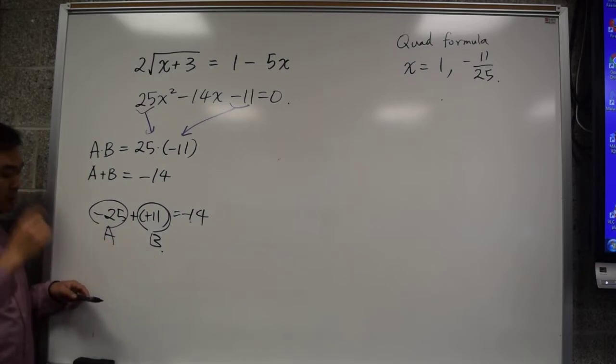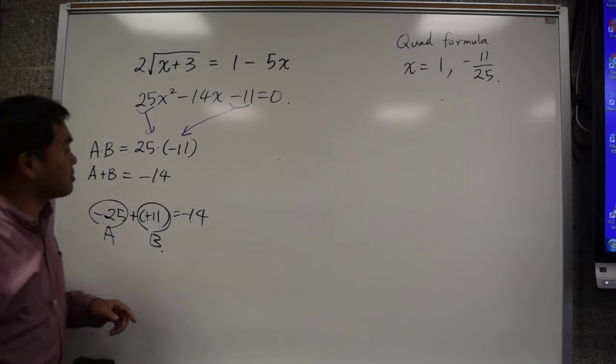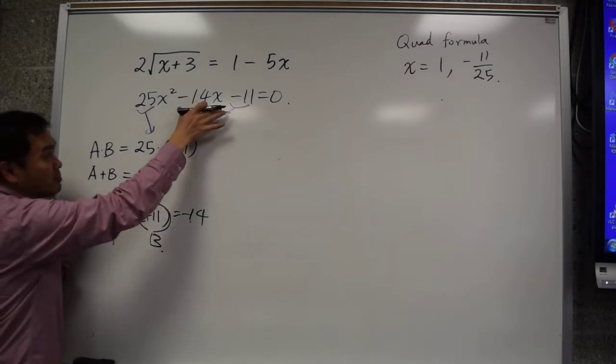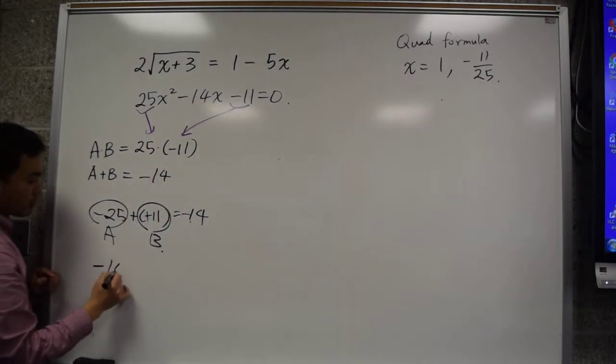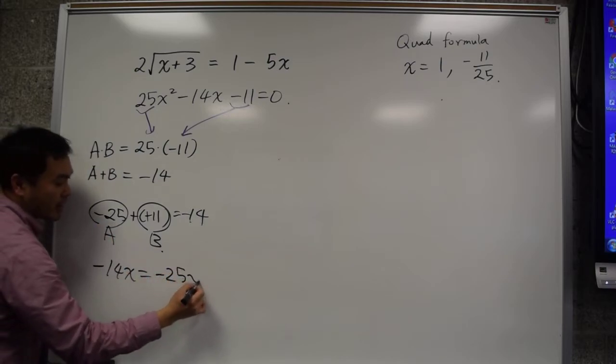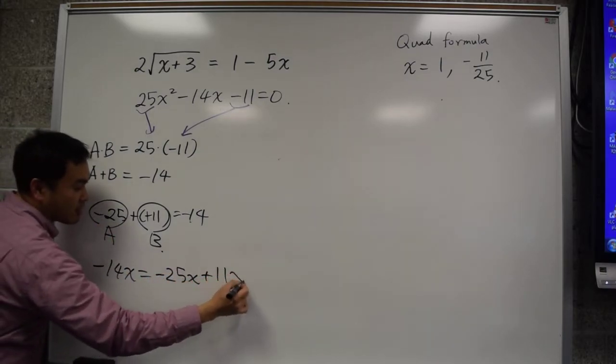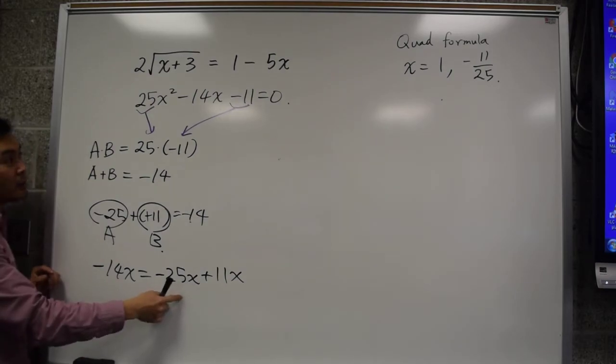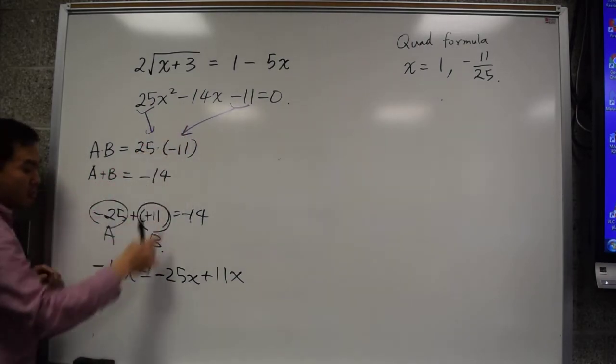Then the method of factor by grouping does the following. You split this middle number. You write negative 14x as negative 25x plus 11x, just like that, okay? And you replace the middle number by this.